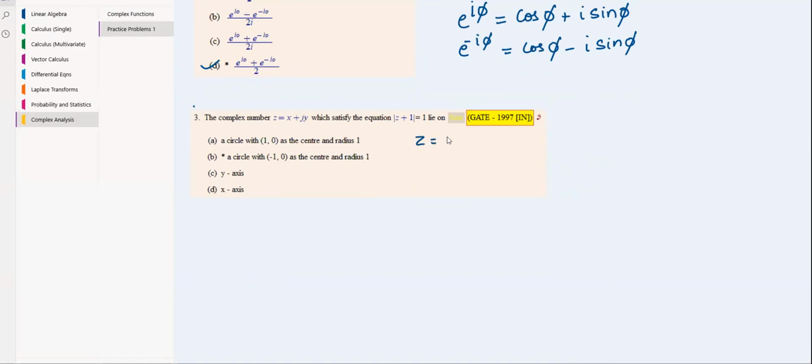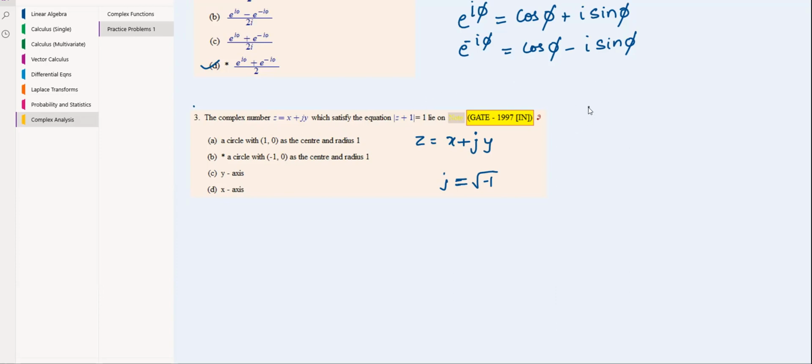So Z is X plus jY. Instead of iota, instead of i, j can be used as the unit imaginary number. So now, the complex number which satisfies this equation.